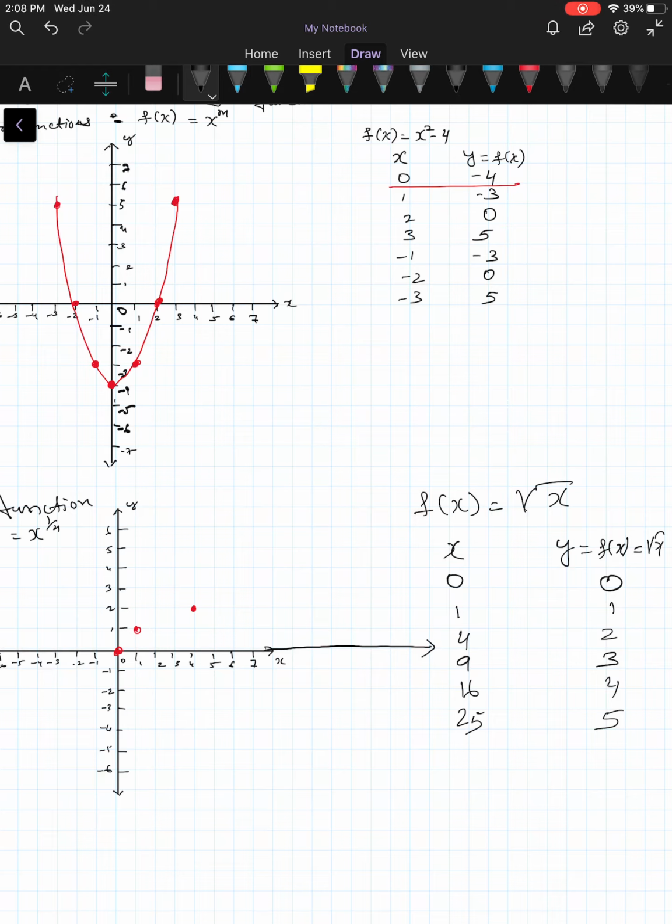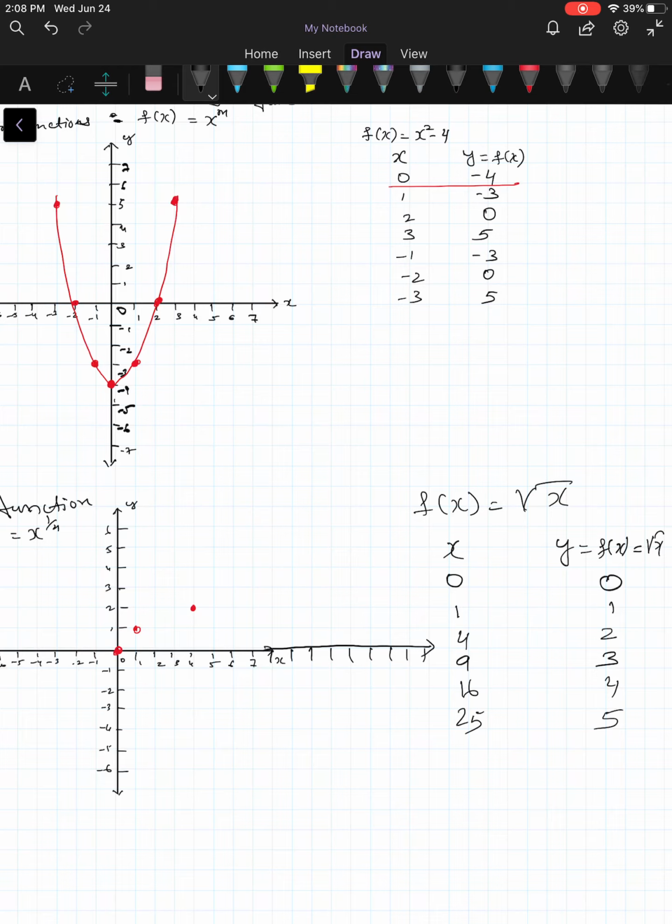I will not be able to plot 25, so this is 8, 9, 10, 11, 12, 13, 14, 15, 16 is somewhere here. I can plot only up to 9. I don't want even to try 16.